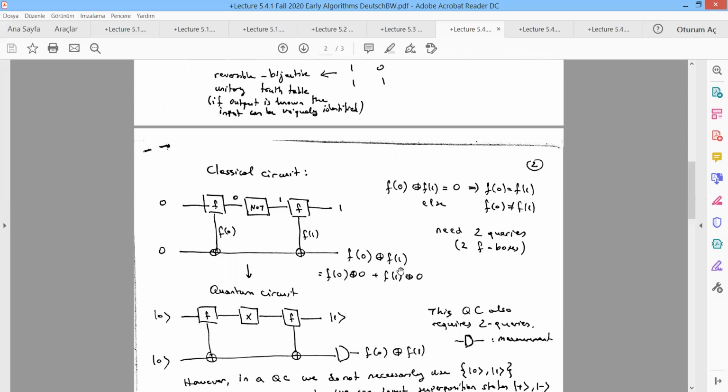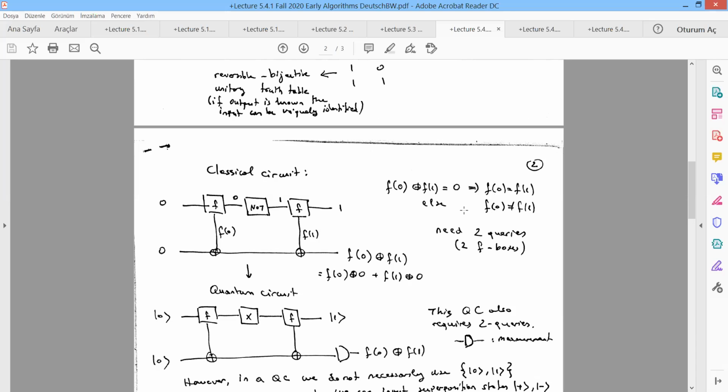So this circuit computes f of 0 plus f of 1. And this is equivalent to saying whether f of 0 equals f of 1 or f of 0 is different from f of 1, because as we know, f of 0 plus f of 1 equals 0 always if f of 0 equals f of 1, because 0 plus 0 equals 0, and 1 plus 1 equals 0.